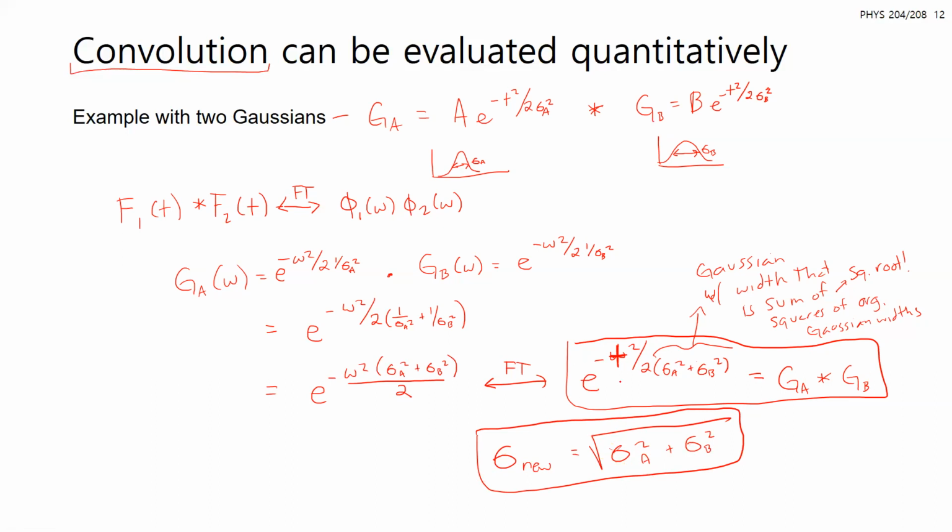So this is just showing you this worked example with Gaussians. I'm mentioning it's important for error propagation, but also the power of working with Fourier transforms and taking the product of the functions in frequency space to then understand this in the time domain here. So this is a worked example of how you can quantitatively work with convolution.